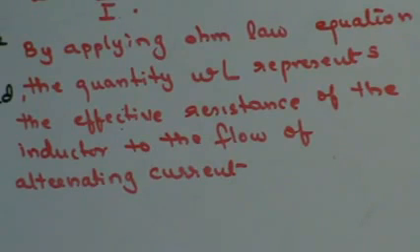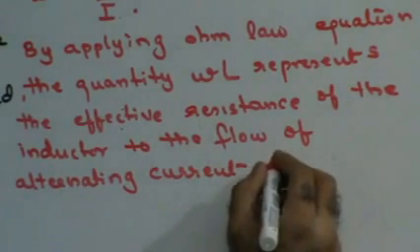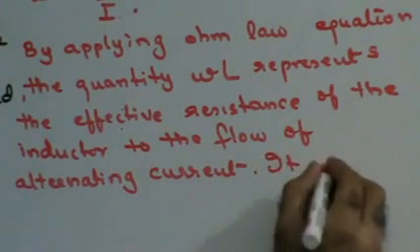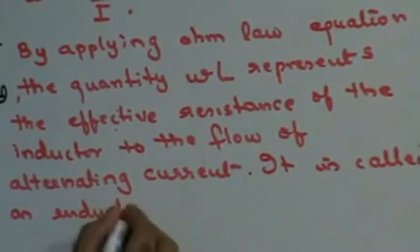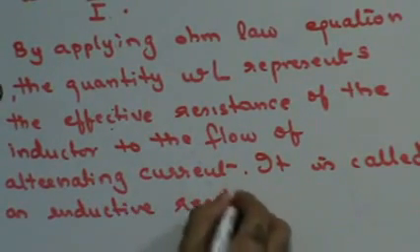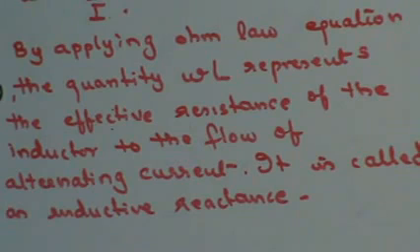Similarly, an inductor offers an opposition to the flow of alternating current, and we will call this inductive reactance. Effective resistance of the inductor to the flow of alternating current is called inductive reactance. What is inductive reactance, guys? It is synonymous to the resistance offered in a DC circuit.